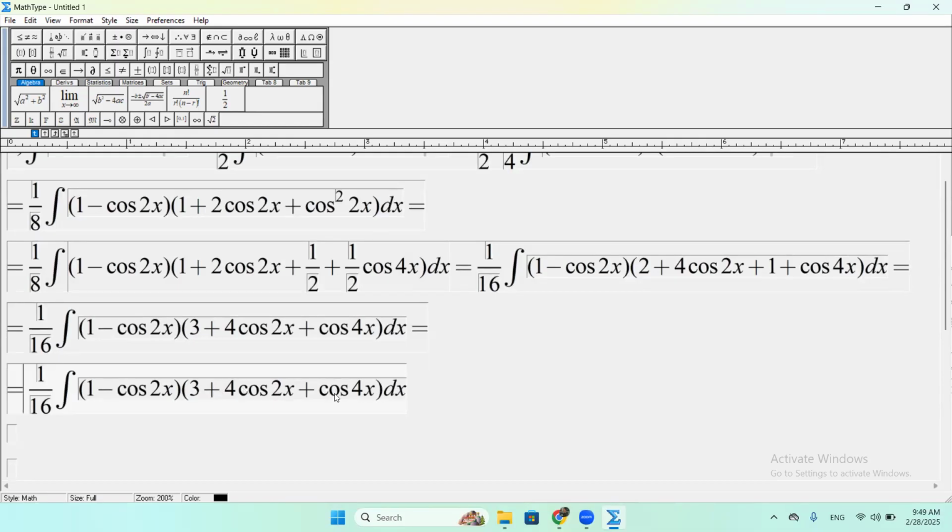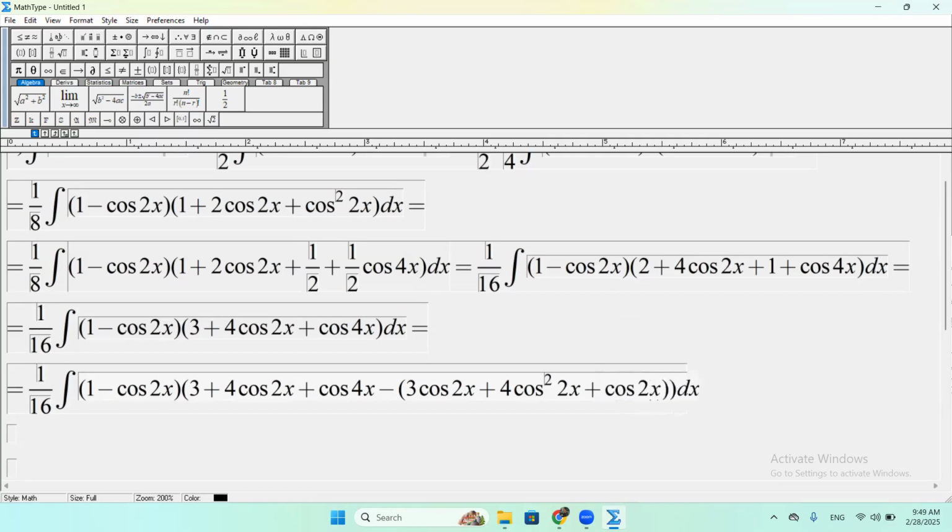So the first addend will look like this because we multiplied by 1, and then minus 3 cosine of 2x, then plus 4 cosine square of 2x, and plus cosine of 2x multiplied by cosine of 4x.